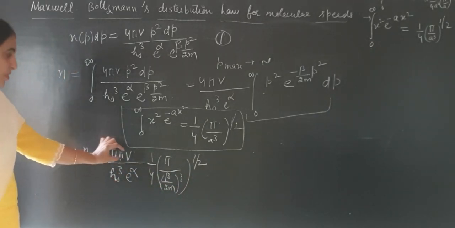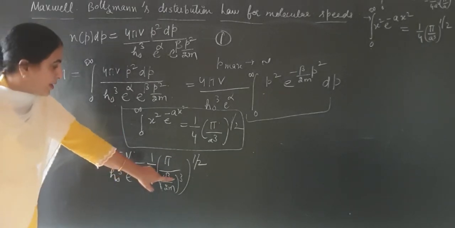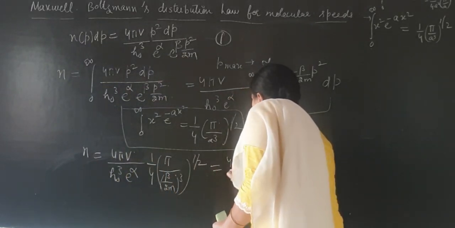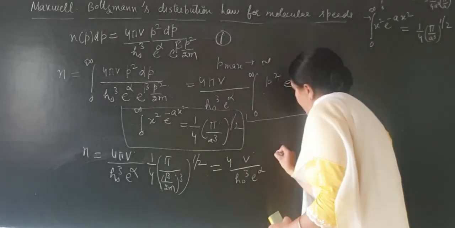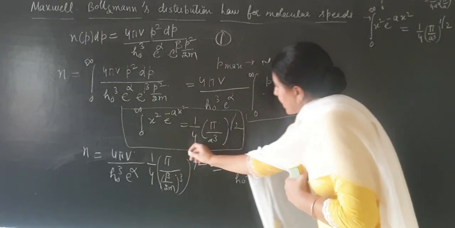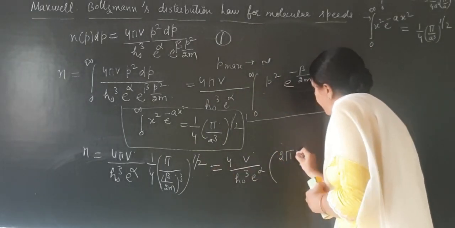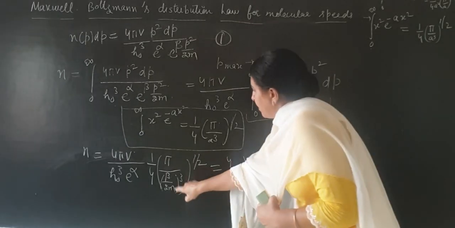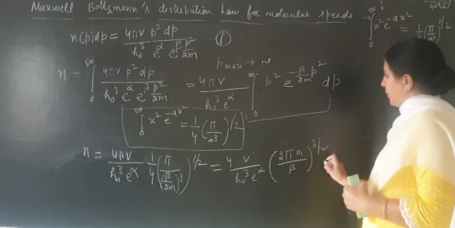Now pi to the 1 by 2, with pi 1, gives pi to the 3 by 2. So this is equal to 4 pi V upon h naught cube e raised to power alpha, taking pi out in the bracket, 2m pi upon beta raised to power 3 by 2.